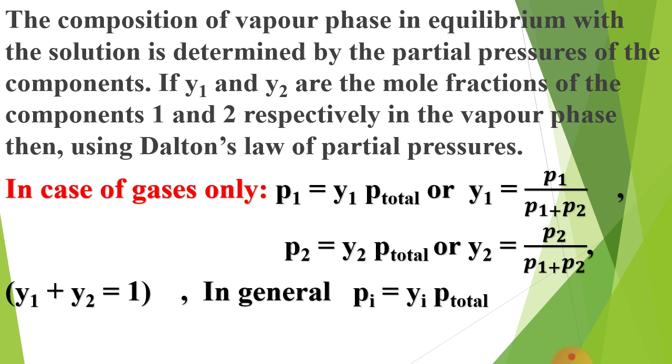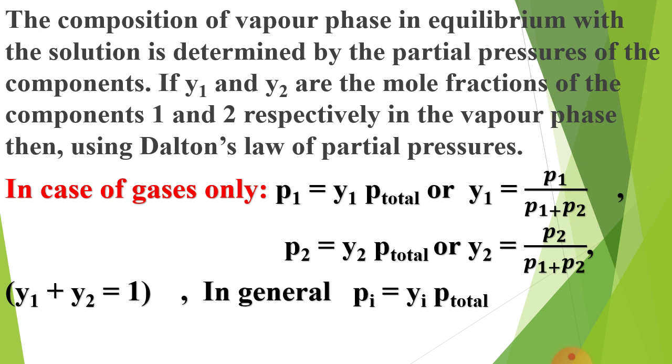Now, the composition of the vapor phase in equilibrium with the solution is determined by the partial pressure of the component. If Y1 and Y2 are the mole fractions of component 1 and 2 respectively in the vapor phase, then using Dalton's law of partial pressure, you can use this formula when the mole fraction is asked in the vapor phase.